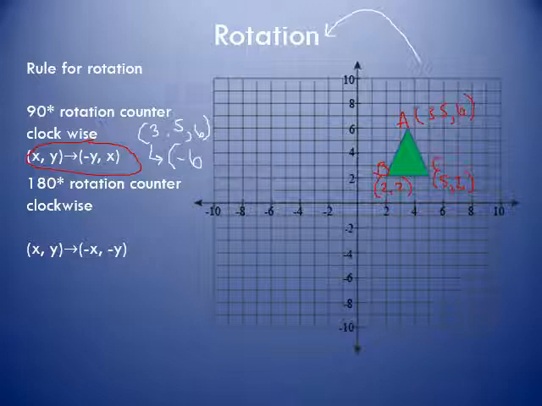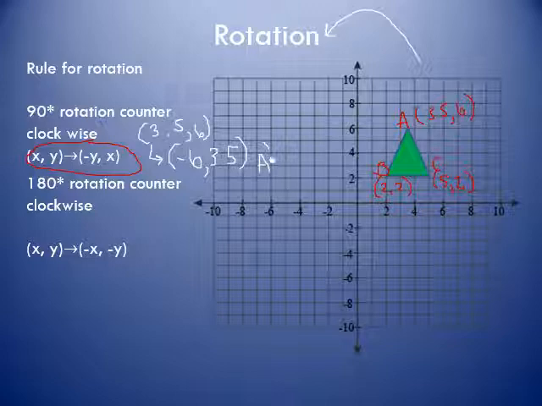So it was 6 for the Y, I'd make it -6, and it becomes my new X. And then my previous X value becomes my Y. A little bit crazy there. Okay, so A is now going to be A prime, and it'll be located at -6, 3.5, which is right there. And I'll label that A prime.